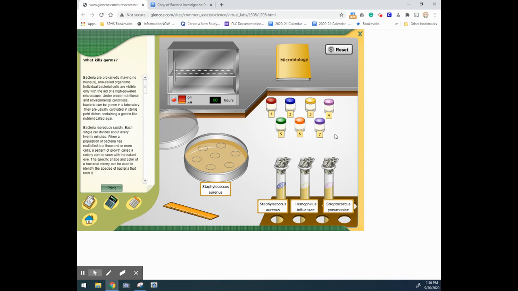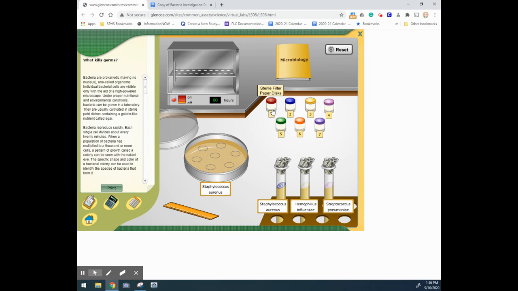What is the control? Okay, which one is the control? 1 through 7, which one? 1, right? 1 is going to be the control. Very good. What is the dependent variable? Now, the dependent variable is going to be the effect. And remember, the other way to say dependent variable is the measured variable. So what are we going to be measuring?